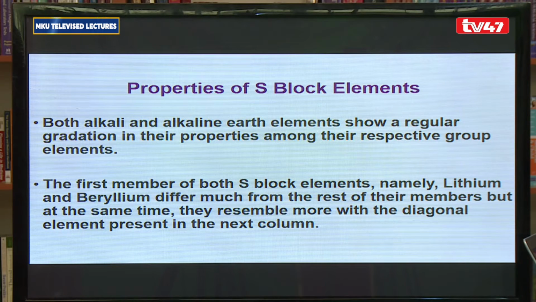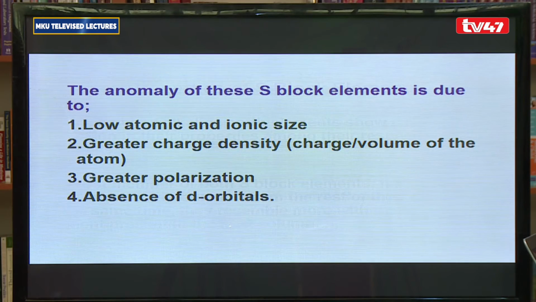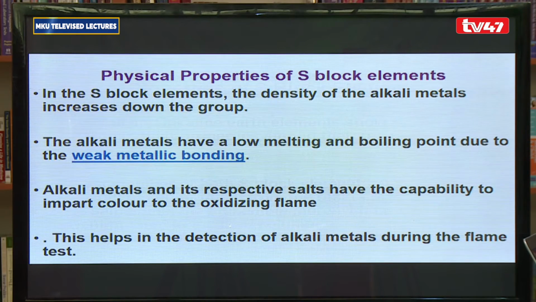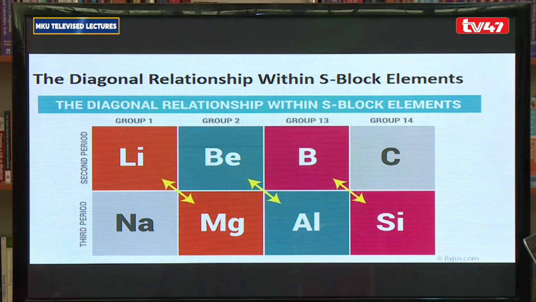However, they show semblance, or similarities, with members of the next group, which they are diagonally placed to. For instance, lithium shows more similarities with magnesium. Beryllium shows a lot of similarities with aluminium, and boron shows a lot of similarities with silicon.